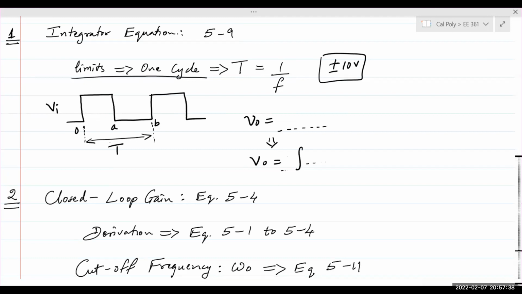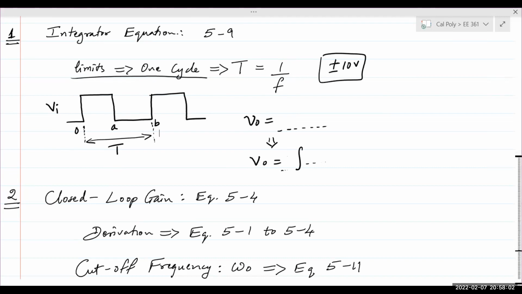Okay, so again, you should obtain, I won't give you the answer, of course, but you should obtain some sort of ramp input. Okay, so based on that information, your equation should be a function of T. Okay, now that's it for problem number 1.